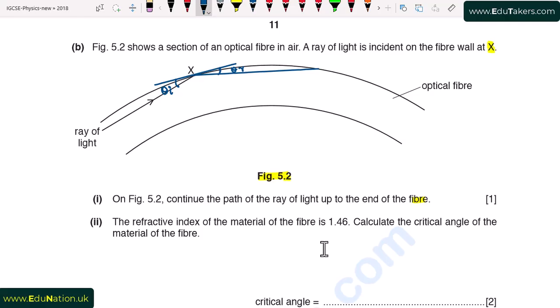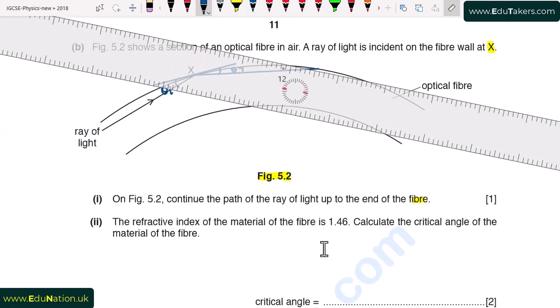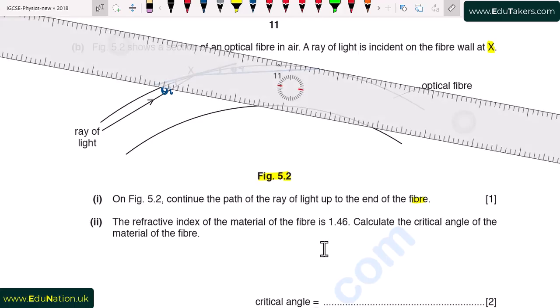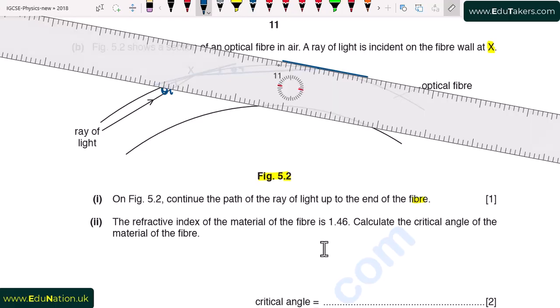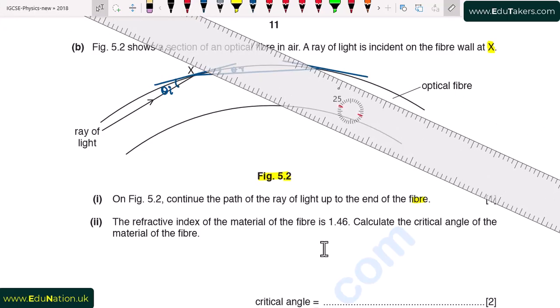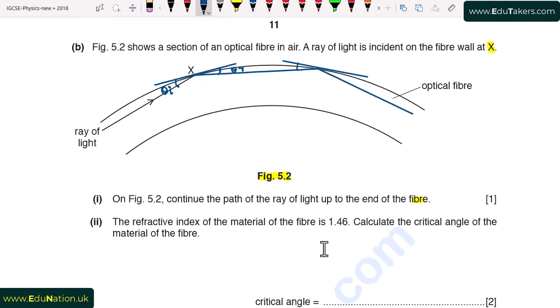Again, this ray goes outside. We again draw a normal in a similar way. Here is a normal, and then this ray will be reflected. And it will be like this, because it is the incident angle and it is the reflected angle.